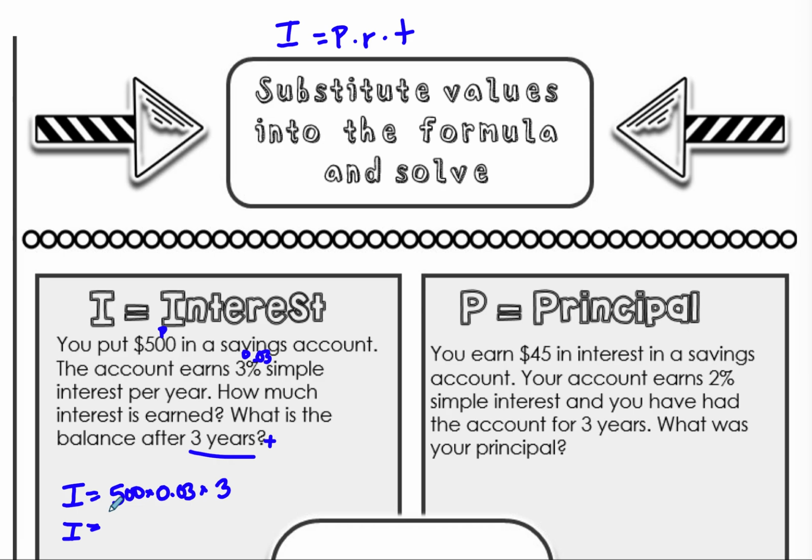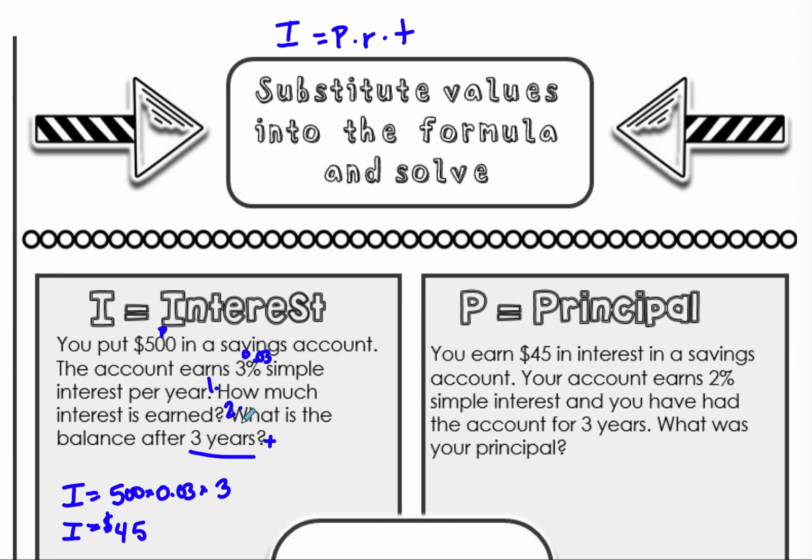It's okay to use a calculator if you want. And we are doing 500 times 3/100 times 3. That's going to give us 45, and our label is going to be dollars. That's the first part, how much interest is earned.